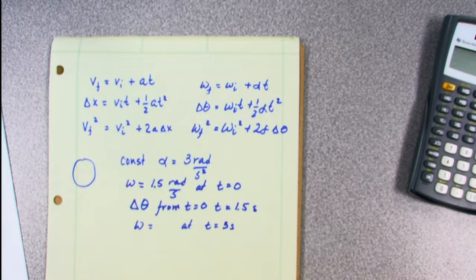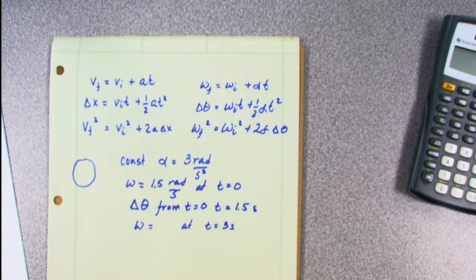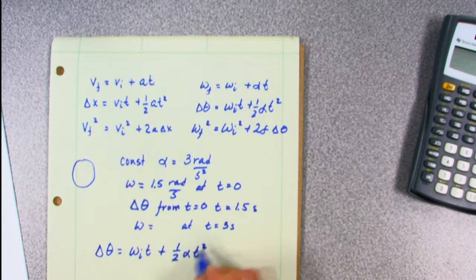Alrighty, so if I want to find the change in angle from t equal to 0 to t equal to 1.5 seconds, I'm going to do change in angle is equal to the initial angular velocity times time plus 1/2 alpha t squared.